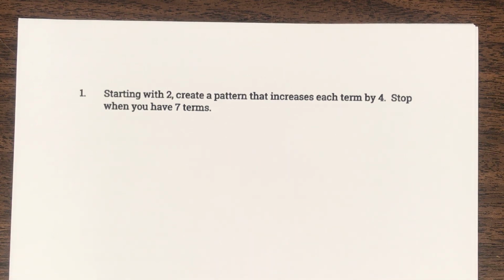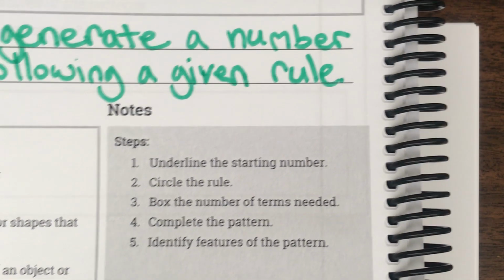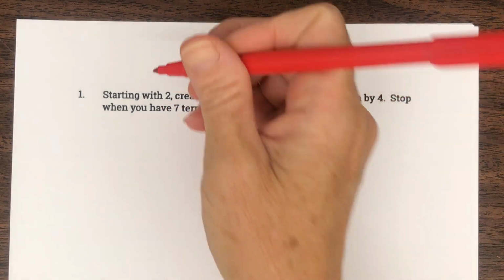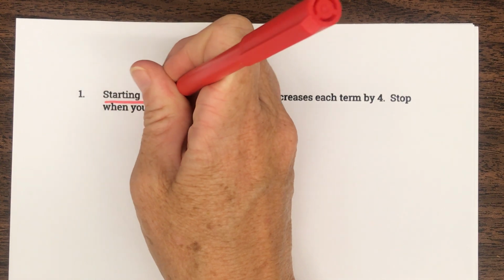My first one says, starting with 2, create a pattern that increases each term by 4. Stop when you have 7 terms. Okay, so my first step says, underline the starting number. So what do they want me to start with? Starting with 2.